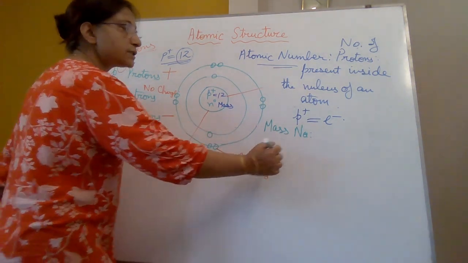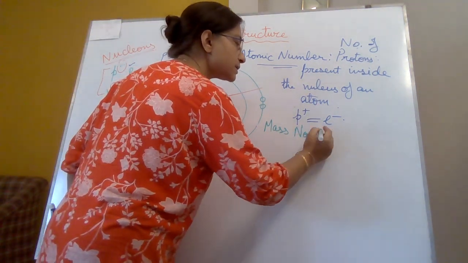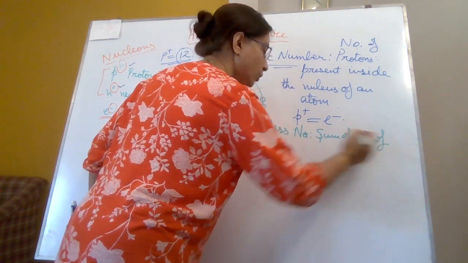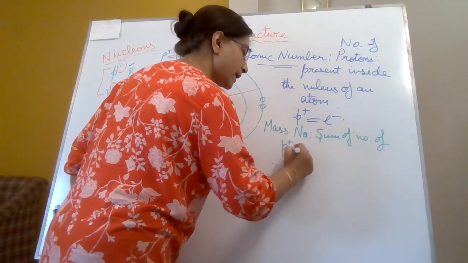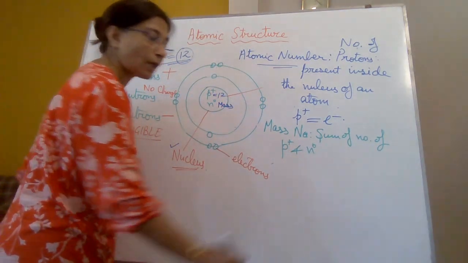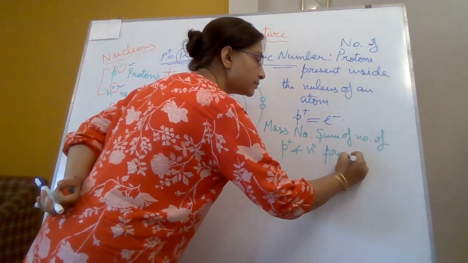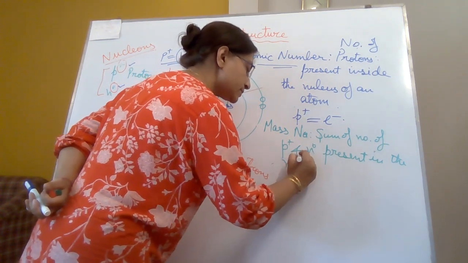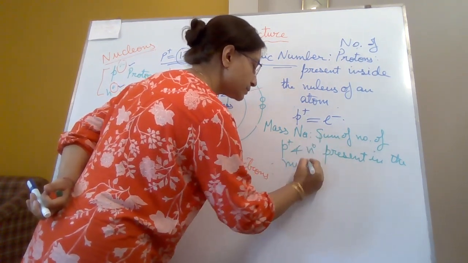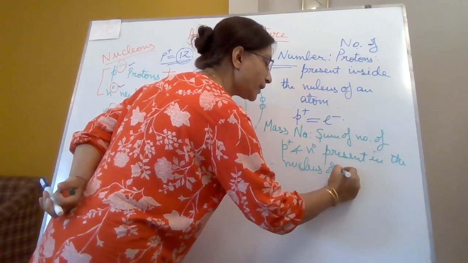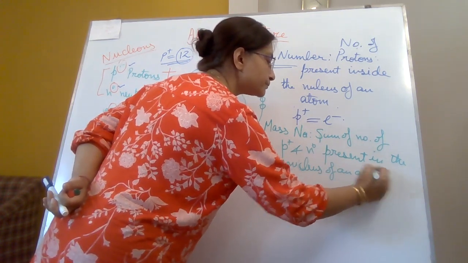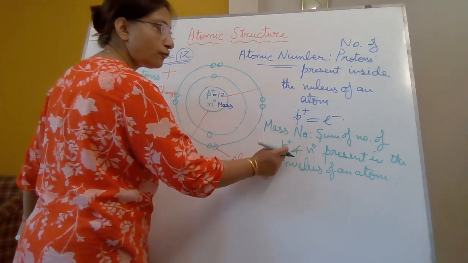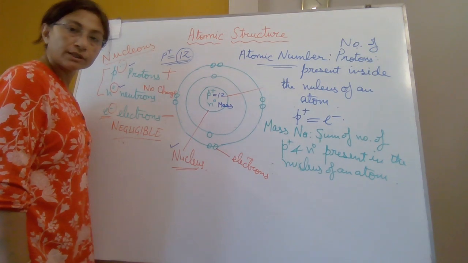The mass number is the sum of the number of protons and neutrons present in the nucleus of an atom, right?